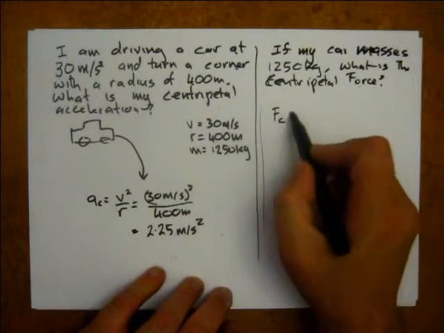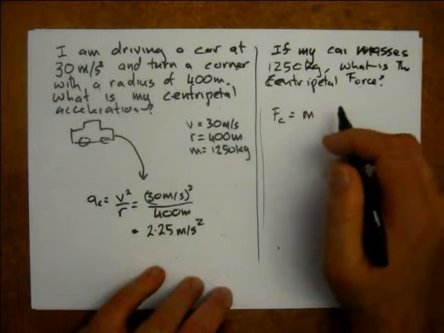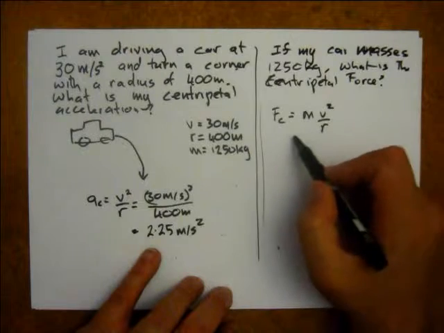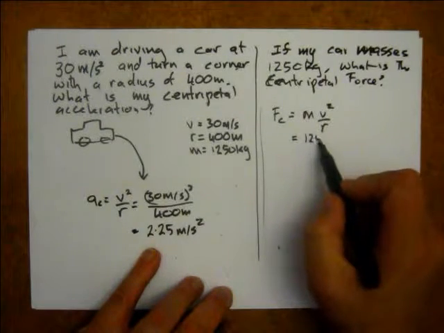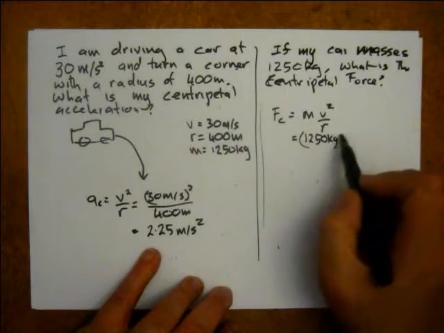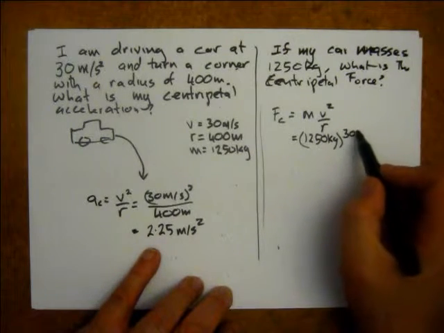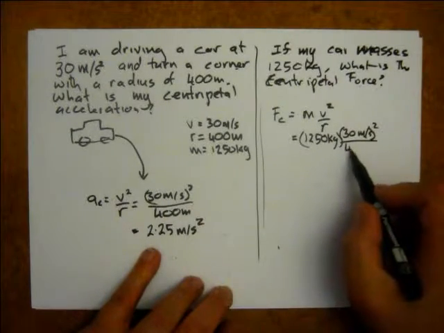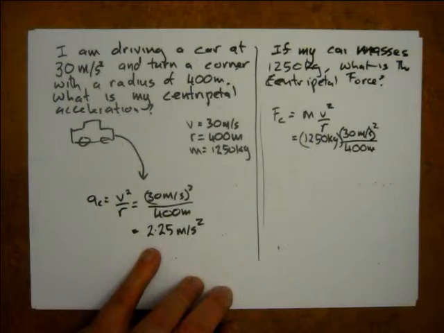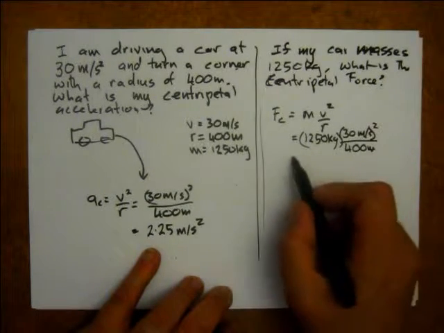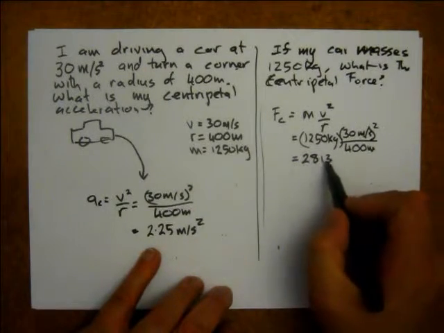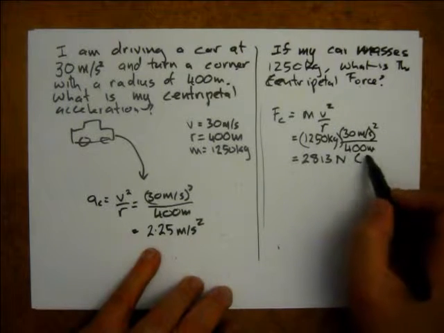So force centripetal equals mass times V squared over R, which is equal to 1250 kg times 30 meters squared over 400 meters equals 2,813 newtons to 4 SF.